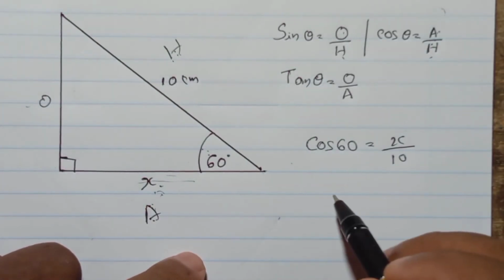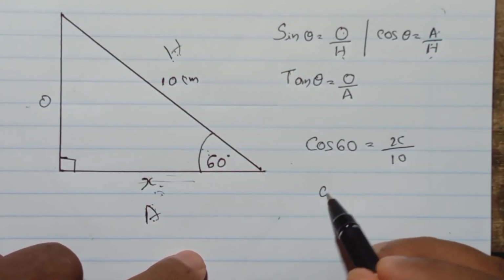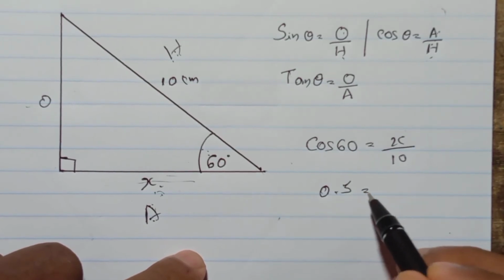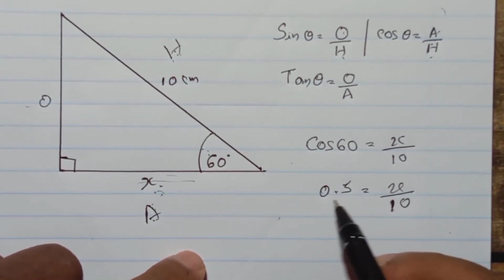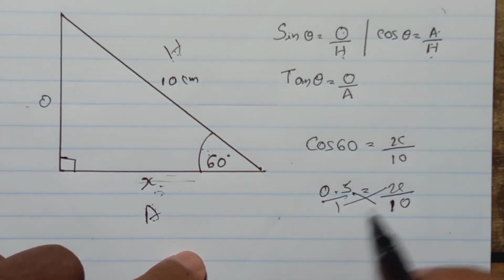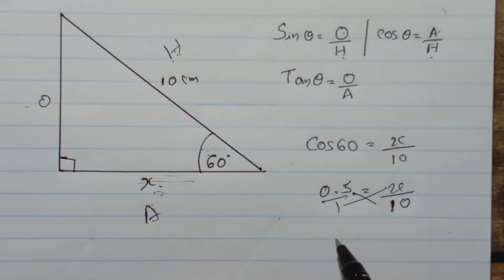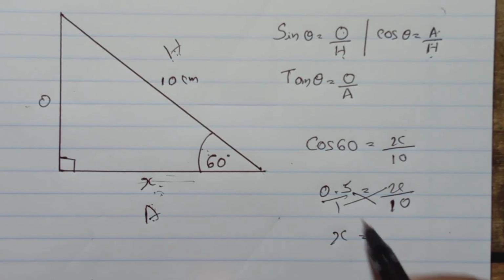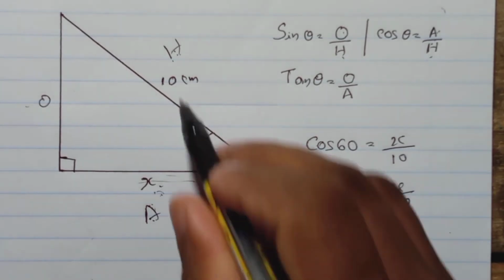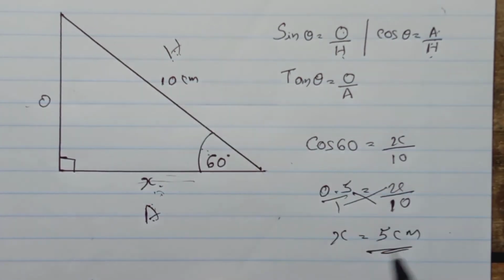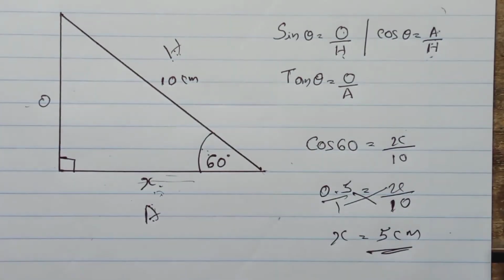Now cos 60 is also 0.5, right? You can check with the calculator. Now if you apply cross multiplication, you will have the answer as 5 centimeters. This is centimeters, so this length will be 5 centimeters.